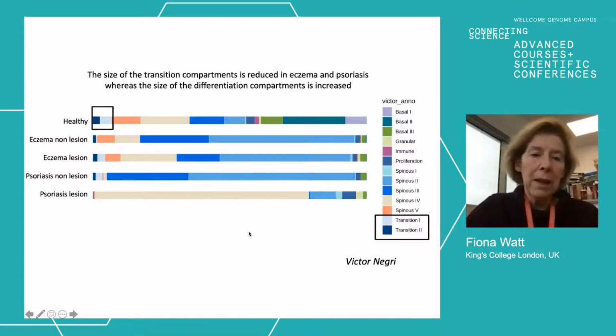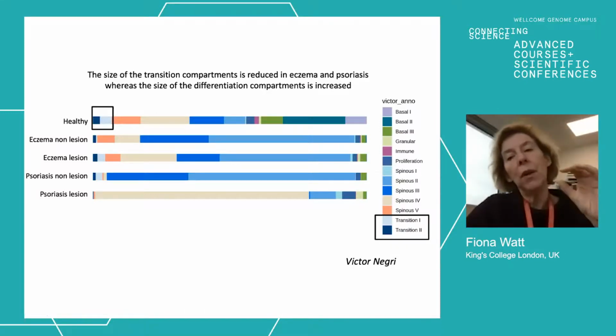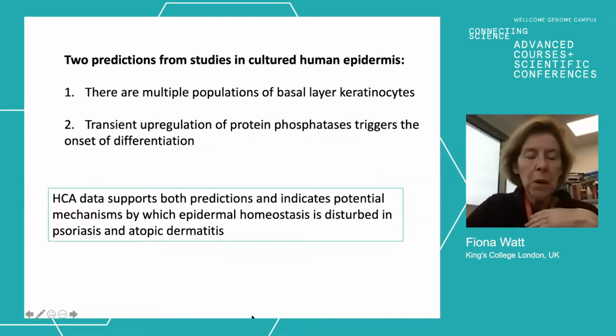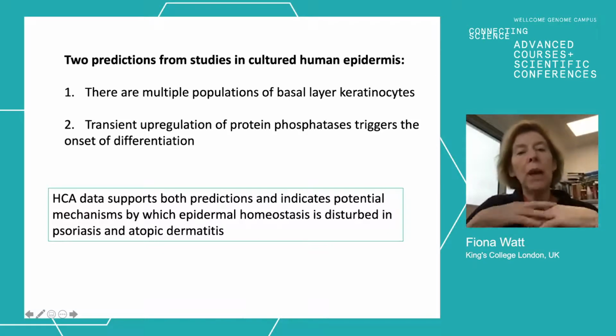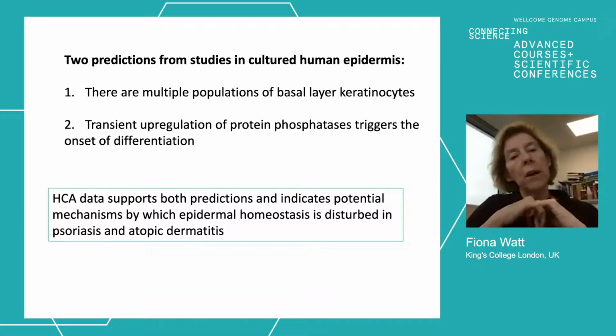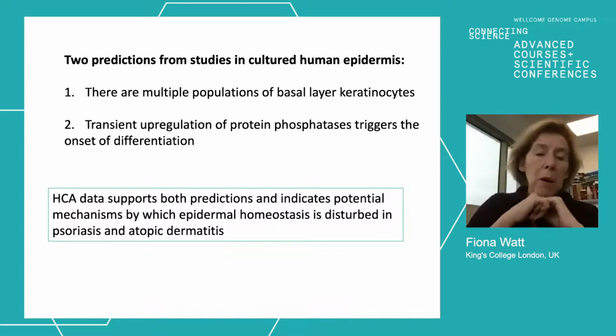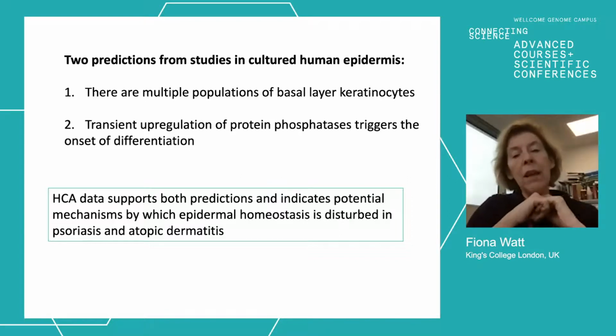So what's nice about this is that it gives us some predictions that we can go back to test mechanistically in our experimental models. So to summarize this part of my talk, we had 2 predictions from our studies in vitro with human epidermis, and both of those are supported by the Human Cell Atlas work, in addition to giving us pointers for further mechanistic experiments that we should carry out.